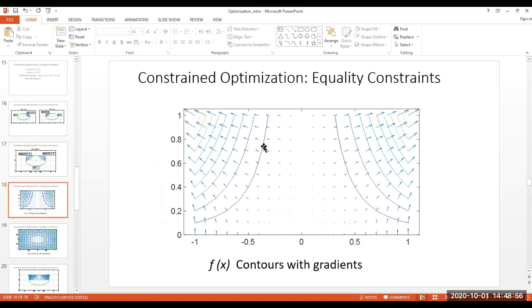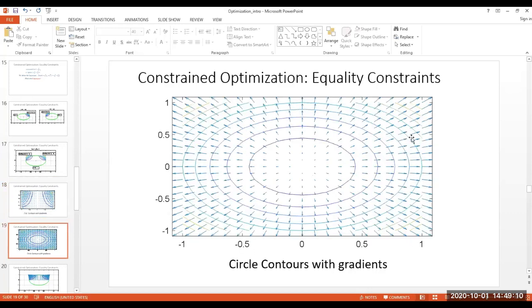Then I continued with the contours for the gradients. I drew the gradients for the contour functions at different points, with x values taken from -1 to +1. Then I showed the gradients for the circles. That means, instead of x square plus y square equals 1, if I make it x square plus y square equals some other constant c1, how would the gradients look?